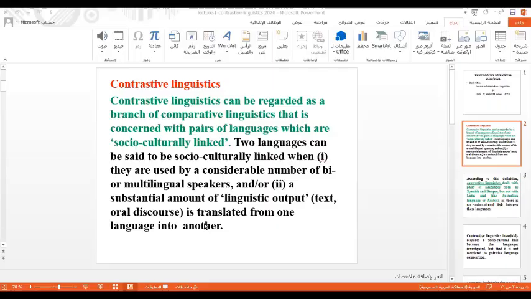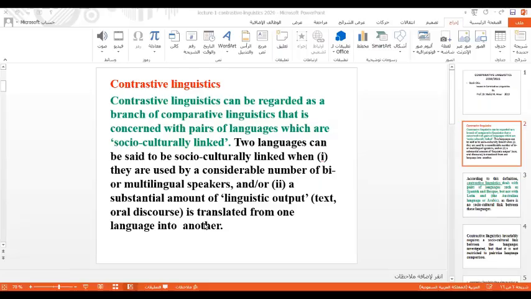Contrastive linguistics can be regarded as a branch of comparative linguistics. The larger course is called comparative linguistics, and contrastive linguistics is only a branch of it.